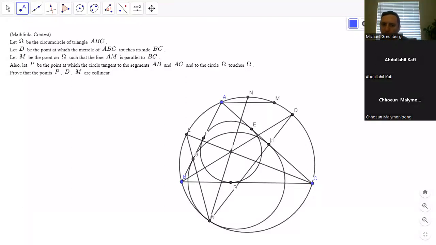There's got to be a harmonic quad somewhere. I feel like whenever you see mixed linears, there's always a harmonic quad.